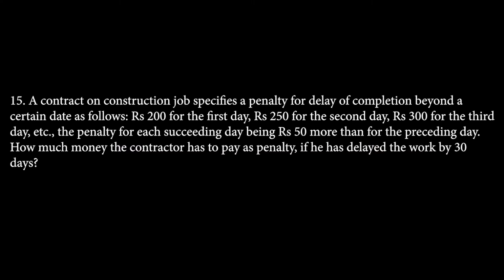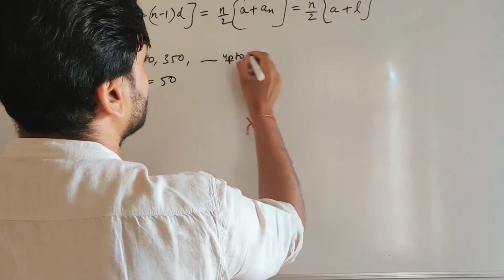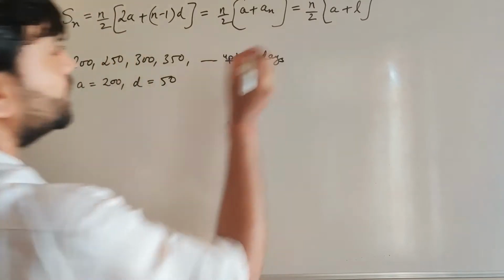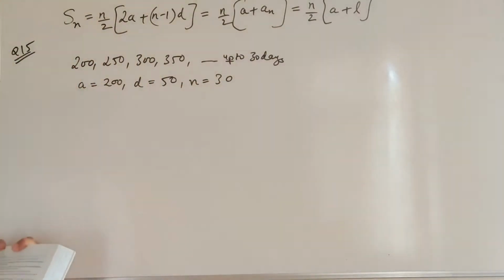The question: how much money does the contractor have to pay as penalty if he has delayed the work by 30 days? So like this, up to 30 days, meaning n becomes 30.